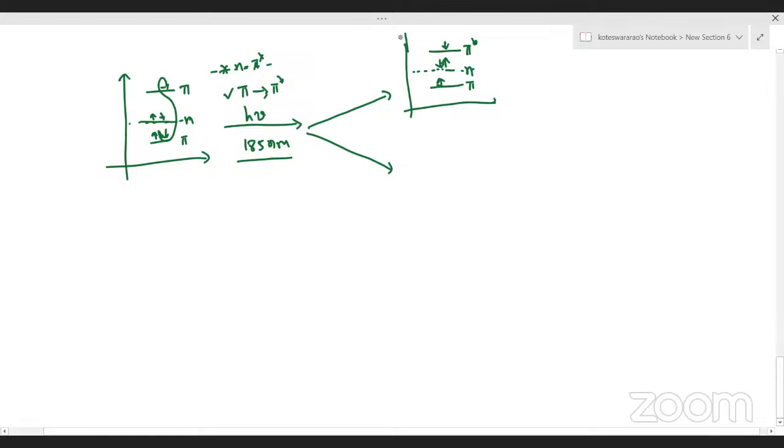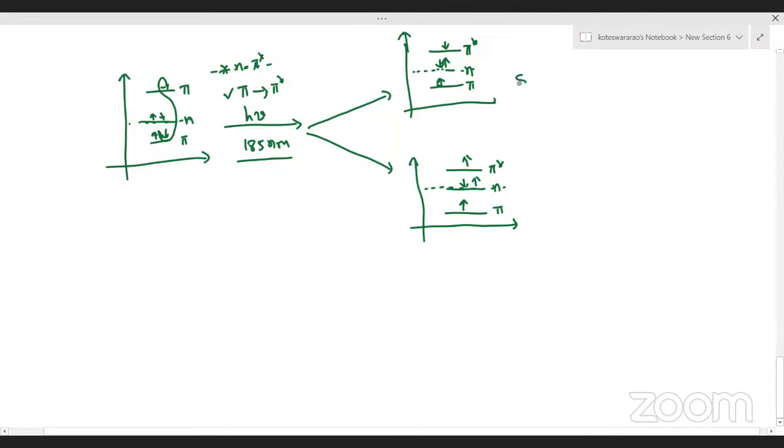This is the retention of configuration, retention of the spin of the electron. Next, the second one is undergoing inversion of spin.